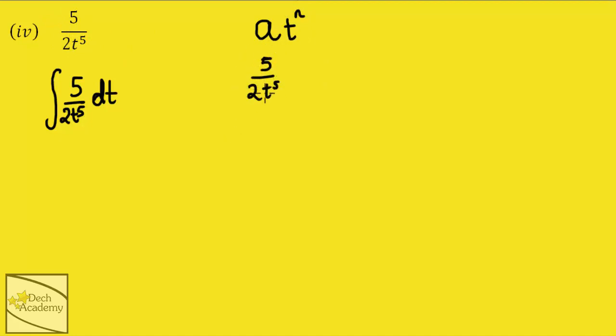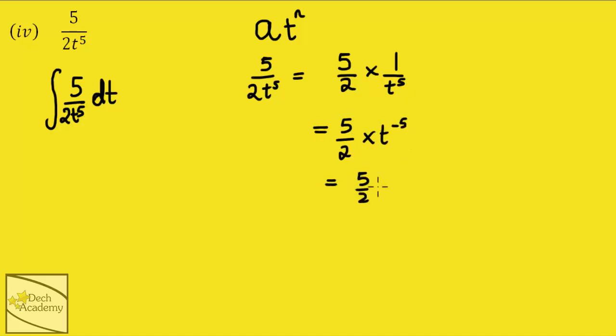So what you can do is rewrite 5 over 2t to the 5 as 5 over 2 times 1 over t to the 5, which is equal to 5 over 2 times t to the minus 5, which is equal to 5 over 2 t to the minus 5.